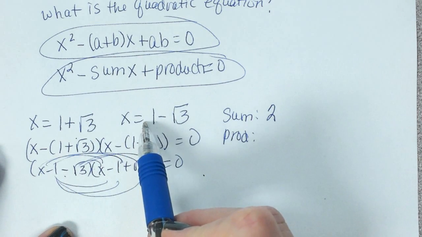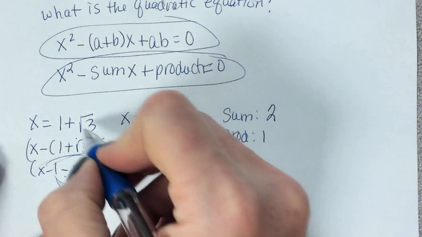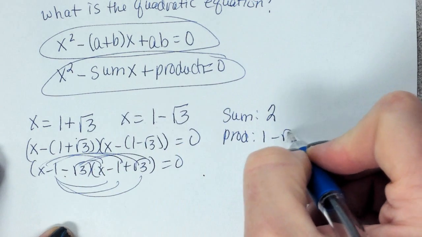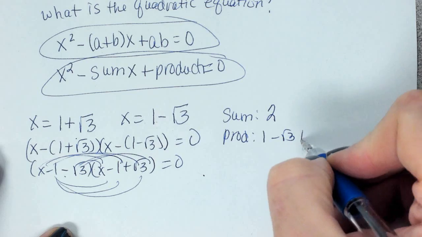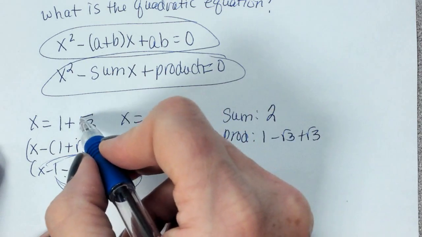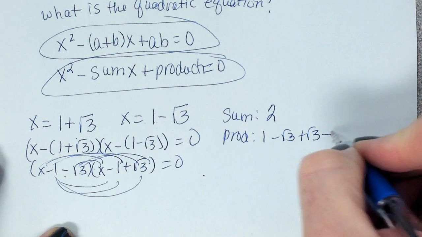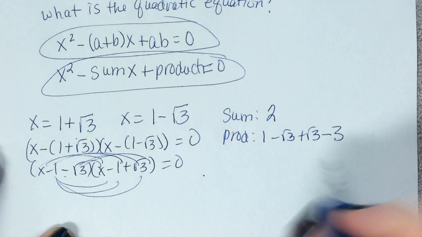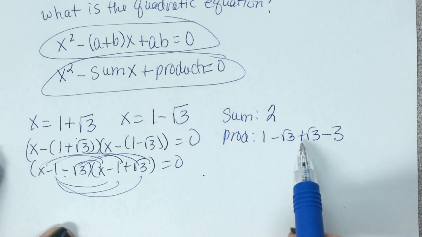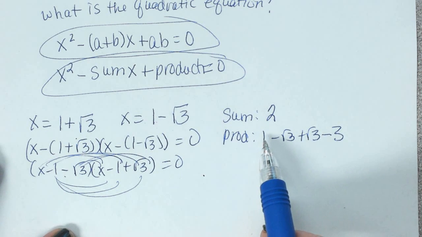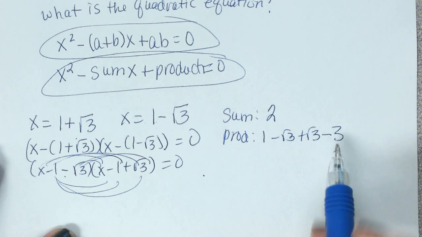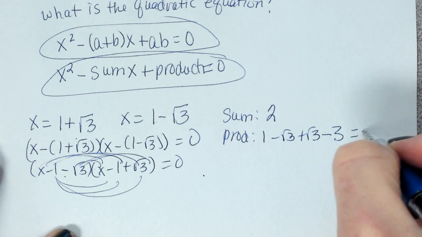So 1 times 1 is 1. The outers would give me negative radical 3. The inners would give me positive radical 3. What's radical 3 times radical 3, guys? 3. And so what's the product going to be here? It's going to be negative 2, isn't it?